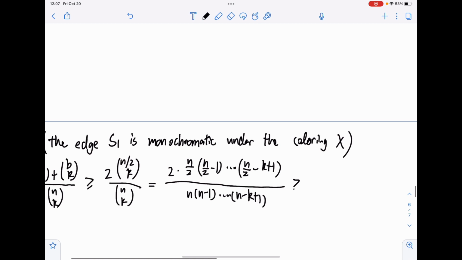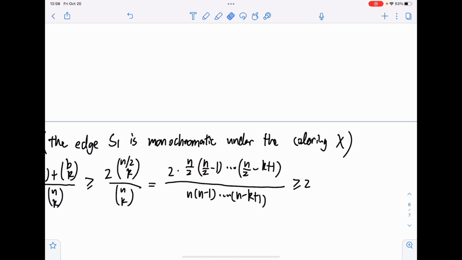And this is greater than or equal to 2 times the numerator n over 2 minus k plus 1, and the denominator n minus k plus 1, to the power of k. Yeah, you can see it here. It's common usage in high school mathematics, I think.